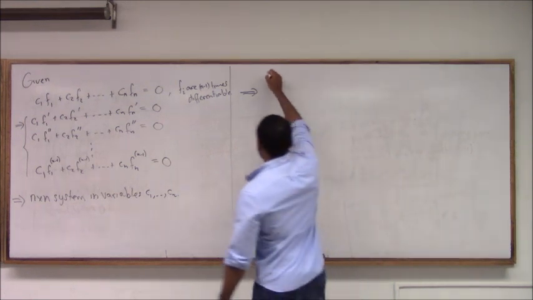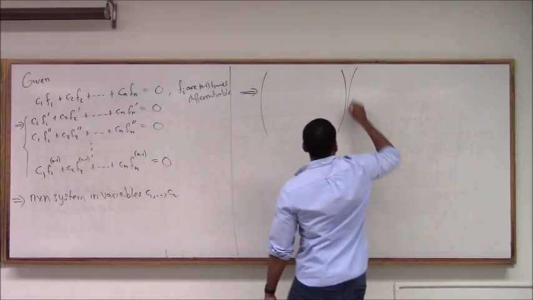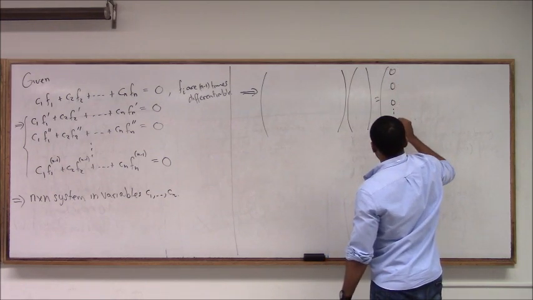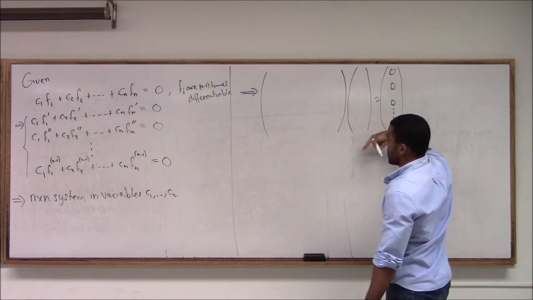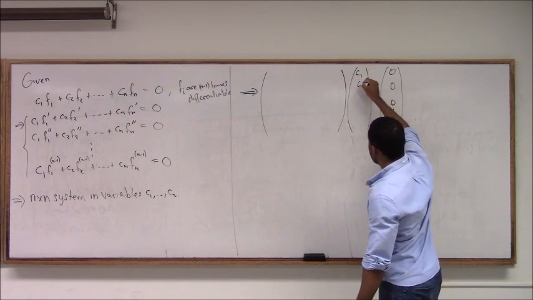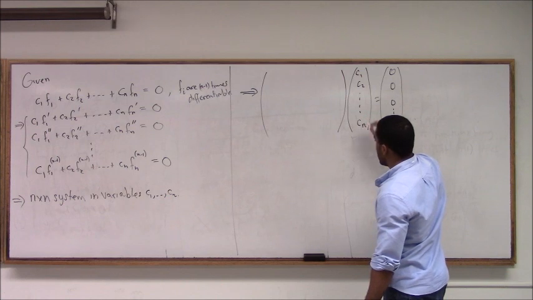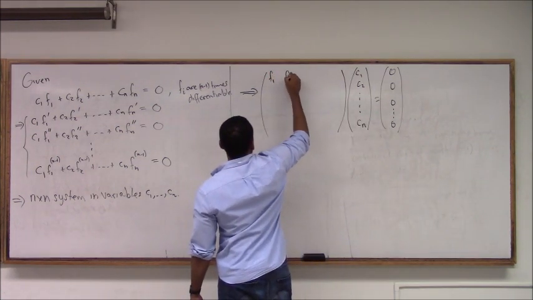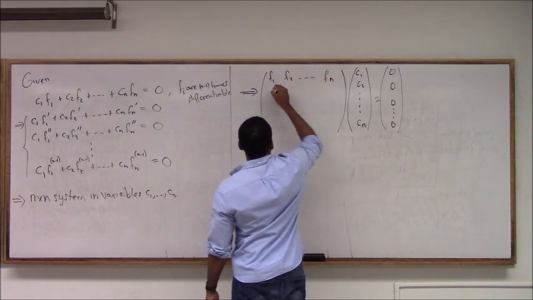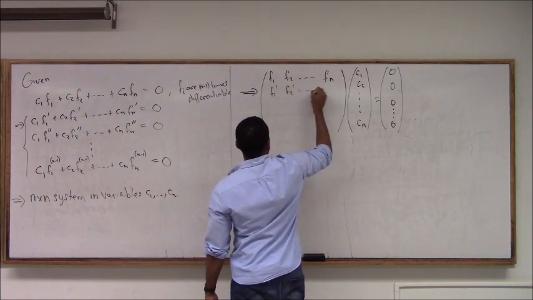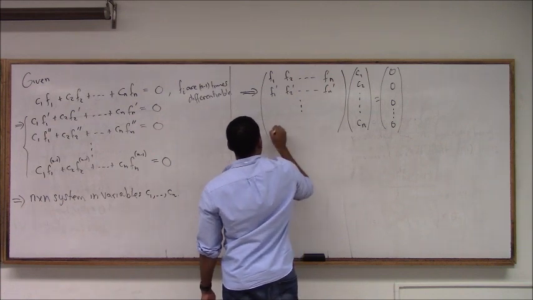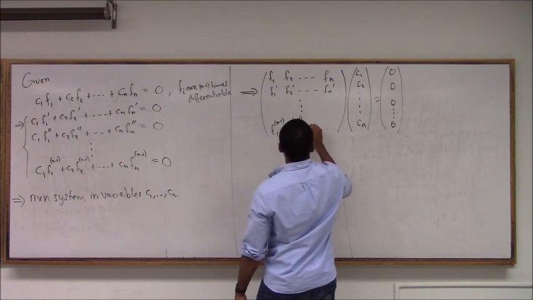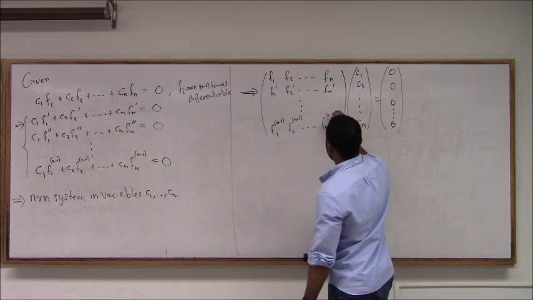Maybe I can write this a little bit more suggestively, as a matrix equation. What would be in here? The c's, because I'm thinking of those as my variables. So what will be left over here? Well, F1, F2, Fn, F1 prime, F2 prime, Fn prime, all the way down to the n minus 1 derivatives of each.